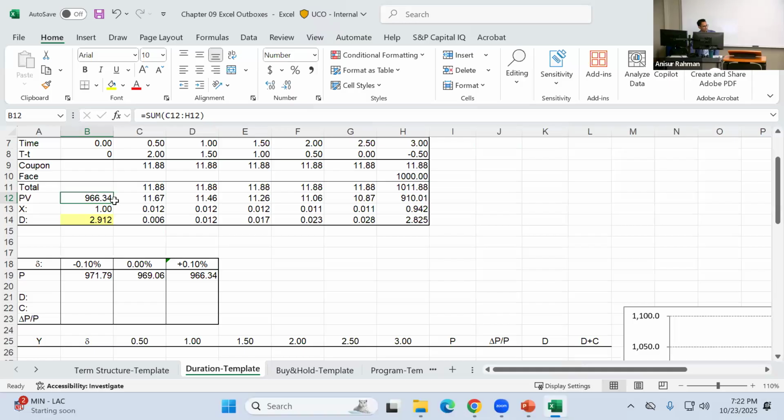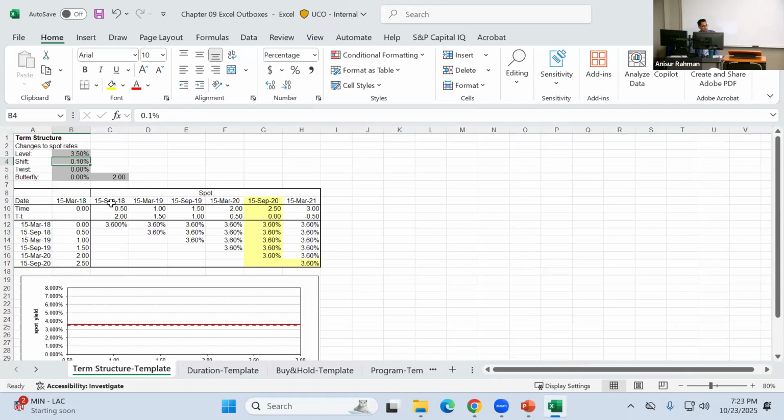I got 969. So remember, make sure it is positive. Yeah, it is positive. That's what I meant. 0.10%. Okay. You also use twist, so it has to be 0%. There you go. 971. Same shift. I think I did it for the twist. Okay.